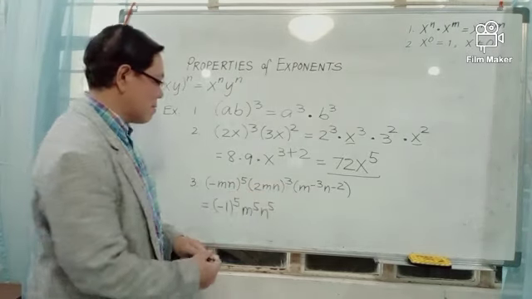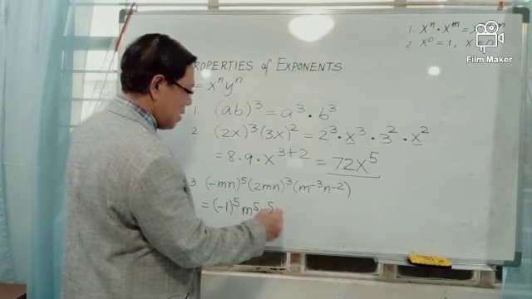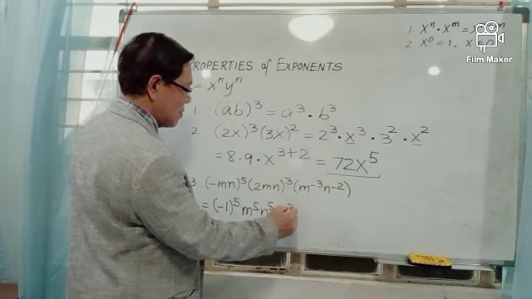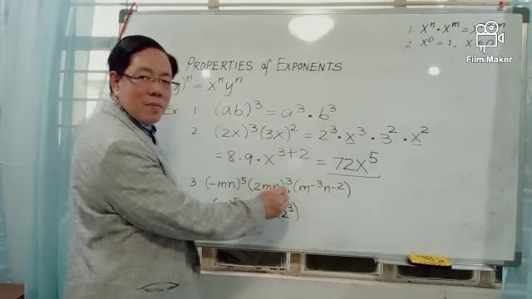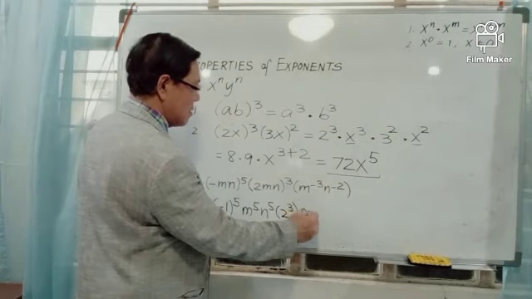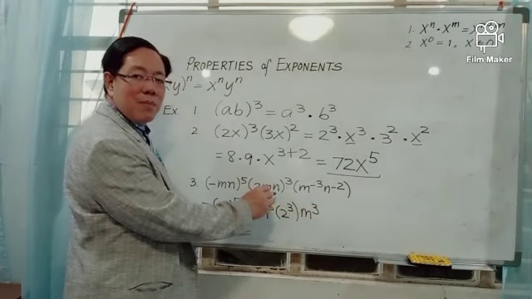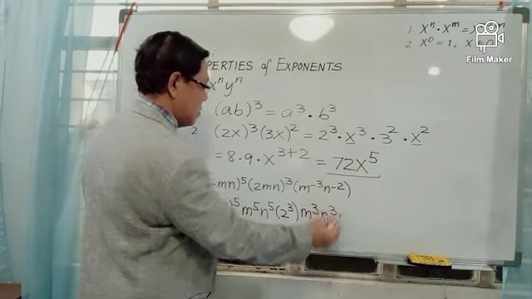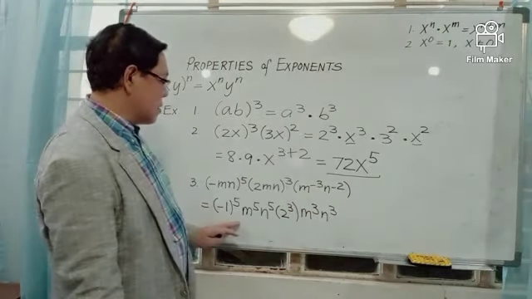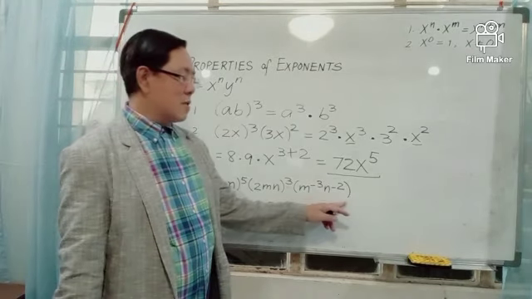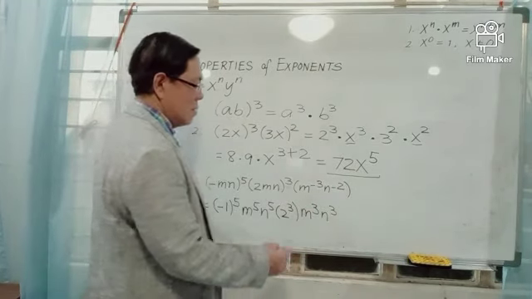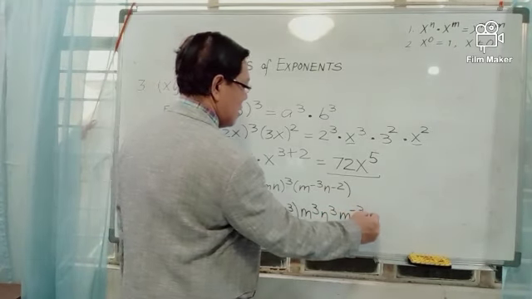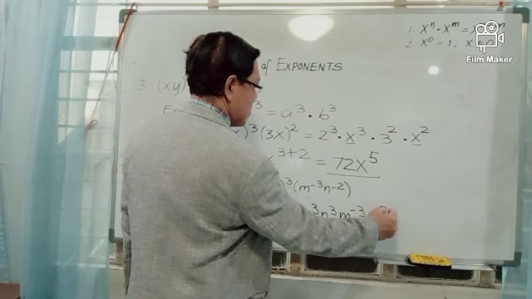We write that multiplied by 2 to the power 3 multiplied by m raised to 3 multiplied by n raised to 3. And this product we multiply by this factor, m raised to negative 3 n raised to negative 2.